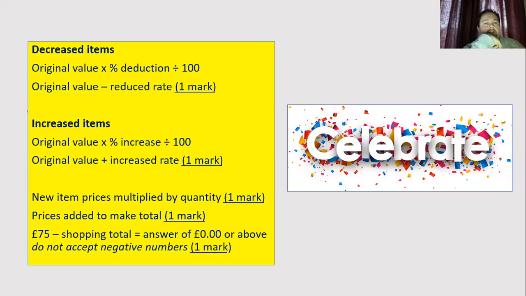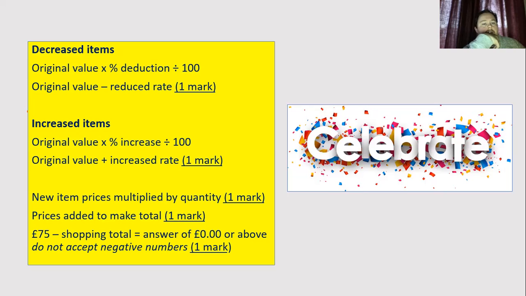That's the formula you've used. That will be 1 mark. To find the increased items, you look at the original value times the percentage increase, and you divide by 100. That's 1 mark.